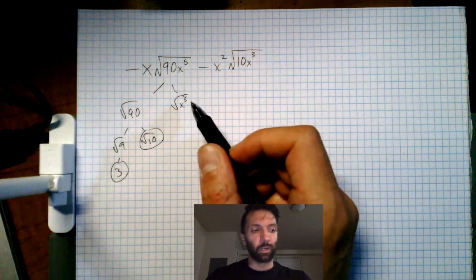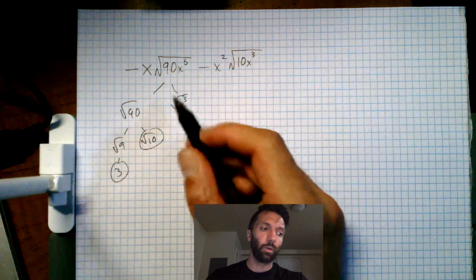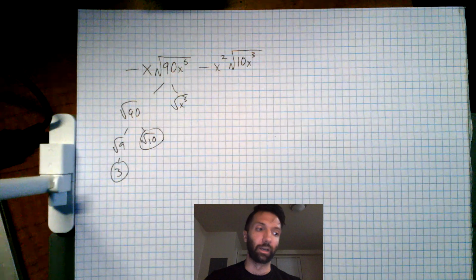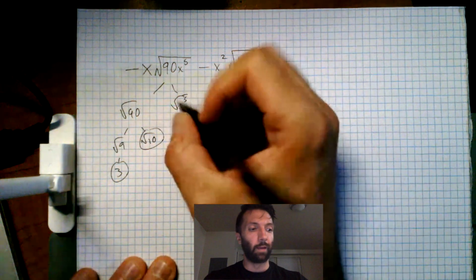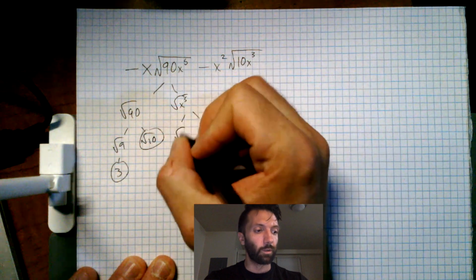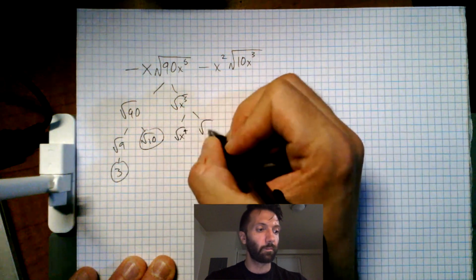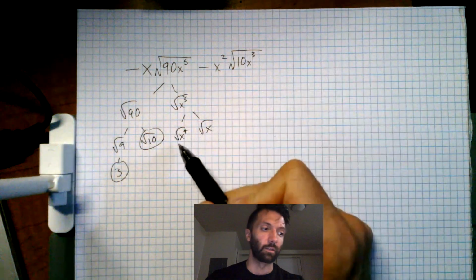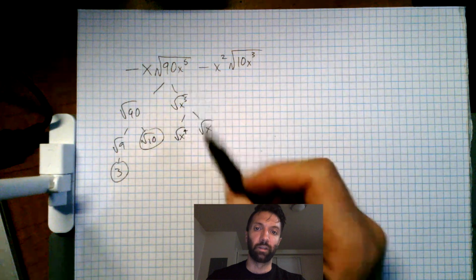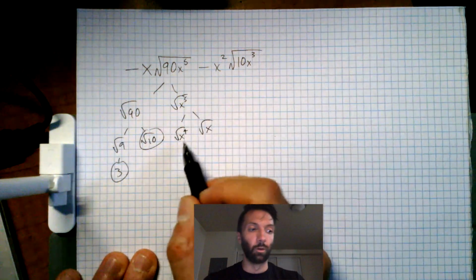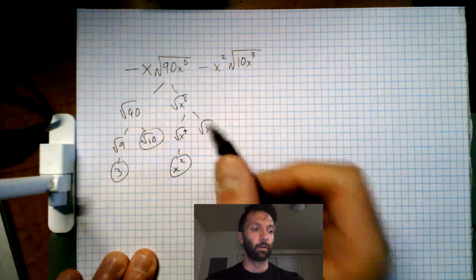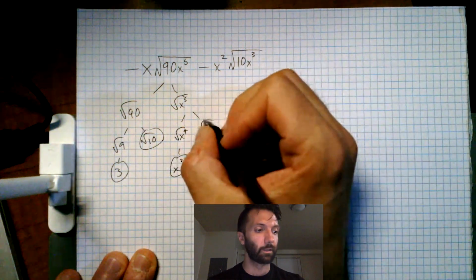Now this is where it gets a little bit tricky, because we don't know the square root of x to the fifth, but I do know the square root of x to the fourth. So I'm going to factor the square root of x to the fifth into the square root of x to the fourth times the square root of x, because x to the fourth times x gives me x to the fifth. And now I do know what the square root of x to the fourth is. That's x squared. Okay, and root x is as simplified as that gets.